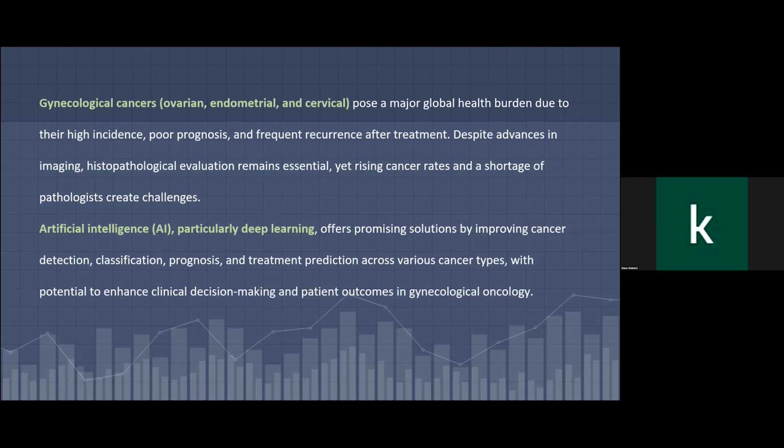So these can help the histopathologist to have better clinical decision making, and it can help to improve the pace of the job which is being done. While we have the shortage of histopathologists, we can work with AI so they can help to do these different steps a bit, let's say, faster.